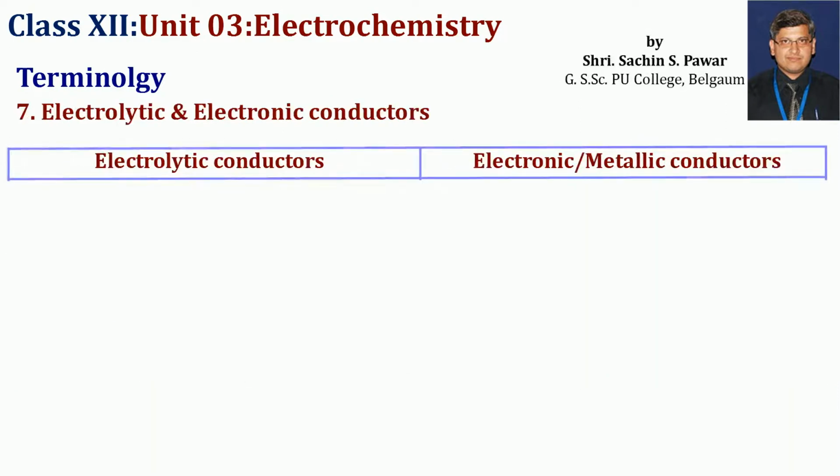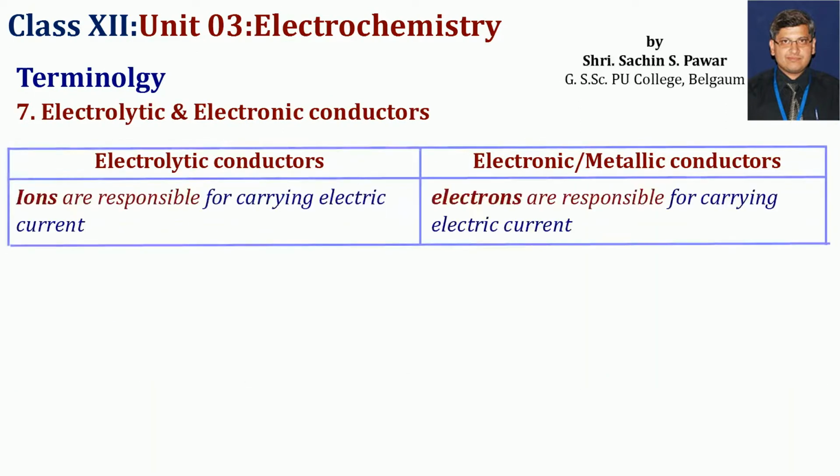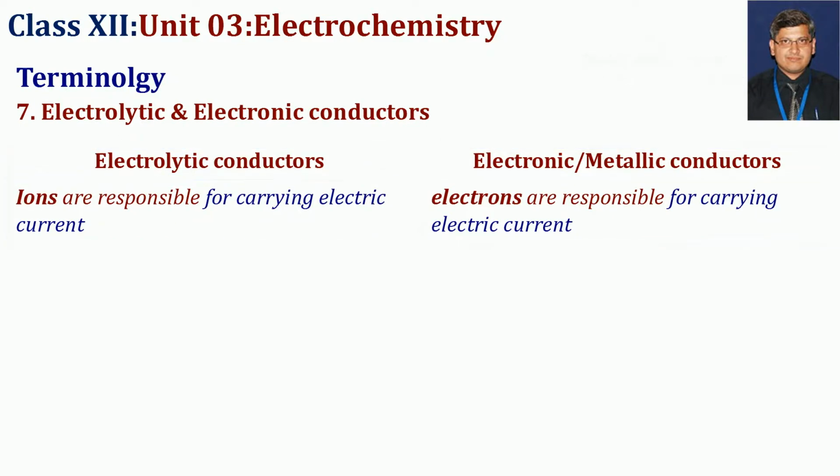Next, electrolytic and electronic conductors. In the topic solid state we have learned this, and we know ions are responsible for carrying the current in electrolytic conductors, while electrons are responsible for carrying the current in electronic or metallic conductors.